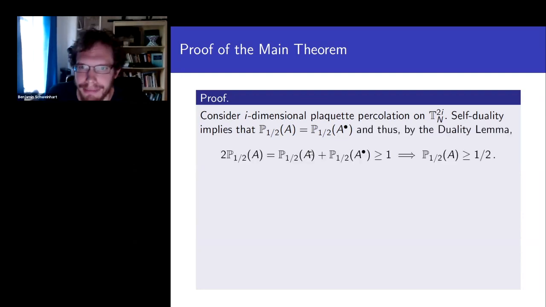Then we can apply our first symmetry, the duality lemma, which says that the number of giant cycles in A plus the number of giant cycles in A bullet equals the rank of the homology of the torus. In particular, at least one of the events A and A bullet has to occur, which tells us that the probability of A at 1/2 plus the probability of A bullet at 1/2 is greater than or equal to 1. And that tells us that the probability of having at least one giant cycle is greater than or equal to 1/2 in half-dimensional percolation. Okay, let me pause for a second so you can process that.